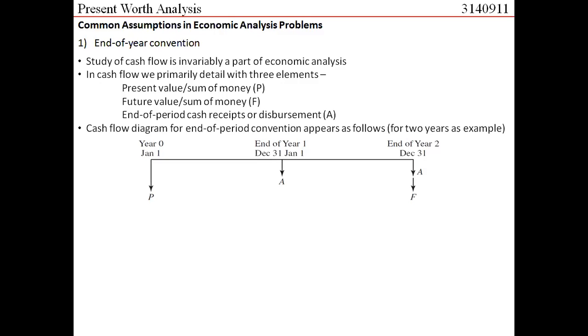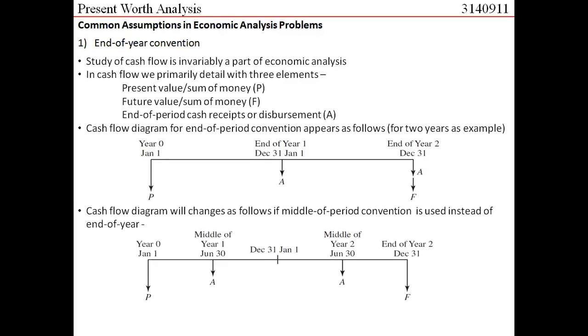To understand this more clearly, we can also have another concept, which is middle of period convention. Now, if I'm using middle of period convention, then my cash flow diagram would look something like this. I may start with year 0 here, say 1st January. My middle of year convention would allow me to have my annual cash flow in the middle of the year, say, for example, June 30th.